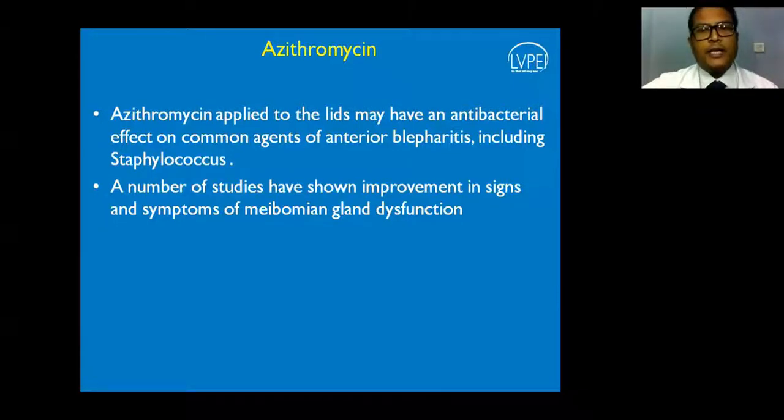Azithromycin has an antibacterial effect on common agents of anterior blepharitis, and that includes Staphylococcus. A number of studies have shown improvement in signs and symptoms of meibomian gland dysfunction with the use of azithromycin.